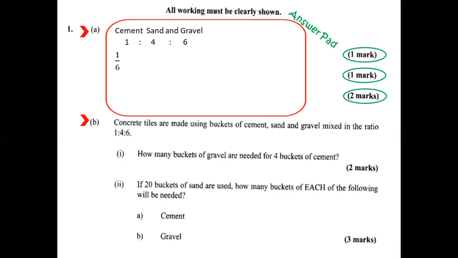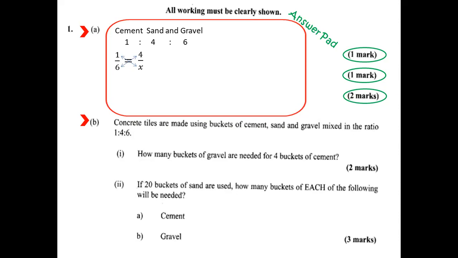We can use the given information here. The 1 bucket of cement goes with the 6 buckets of gravel. And what the question is asking is this: what if it's not 1 bucket of cement? What if it is 4 buckets of cement? How much gravel would it go with? You write out the fractions like this, and all you're doing is cross multiplying here.